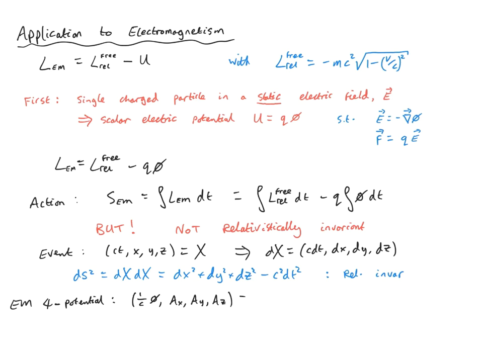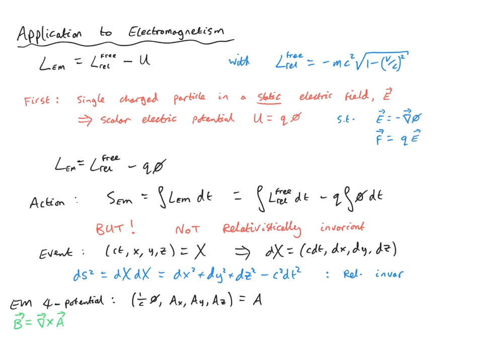So let's call this quantity A. And let me just remind you that for magnetostatics, at least, when we have time-independent electric and magnetic fields, the magnetic field B is just obtained as the curl of this vector potential, where this A vector here has 3 components, which are precisely Ax, Ay, and Az.